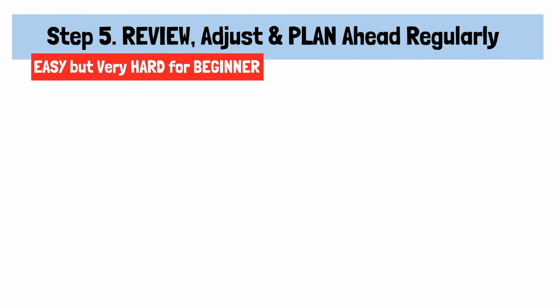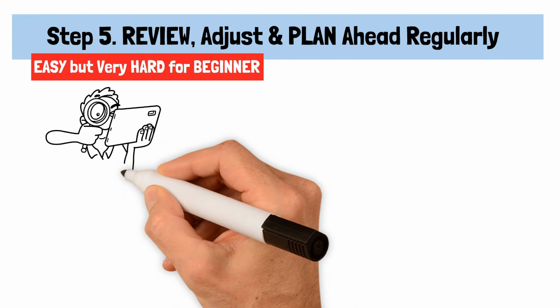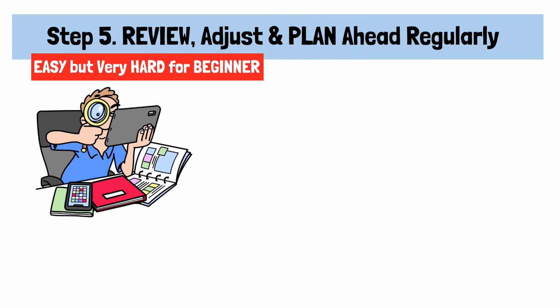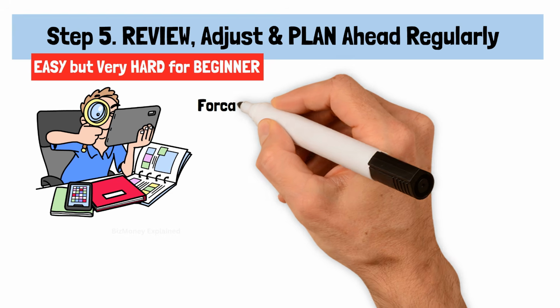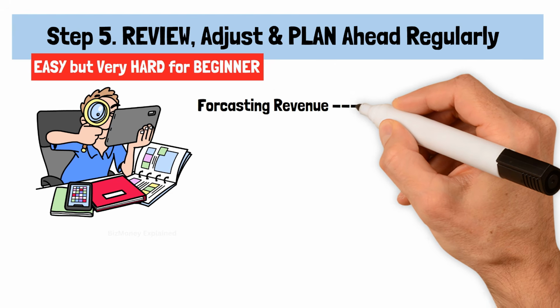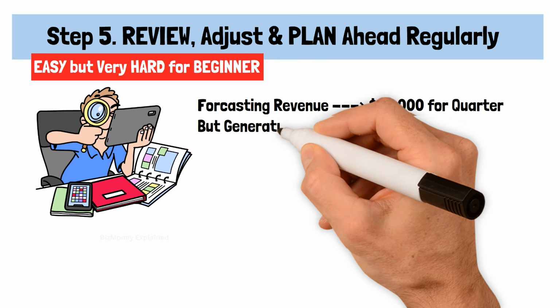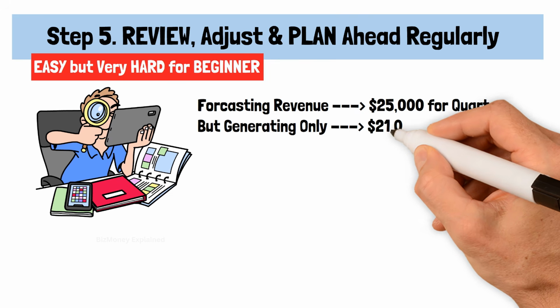Step 5. Review, adjust, and plan ahead regularly. Cash flow planning should never be treated as a one-time activity. Successful business owners review their numbers regularly and make adjustments whenever conditions change. Imagine a business forecasting revenue of $25,000 for a quarter, but ultimately generating only $21,000.